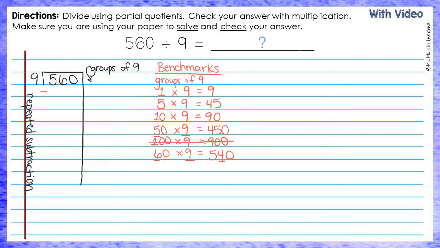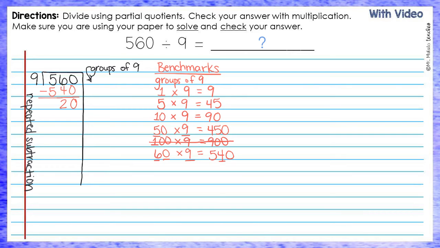So we're going to be subtracting 540. 560 minus 540 is 0 minus 0 is 0. 6 minus 4 is 2. And 5 minus 5 is nothing. So we're left with 20.